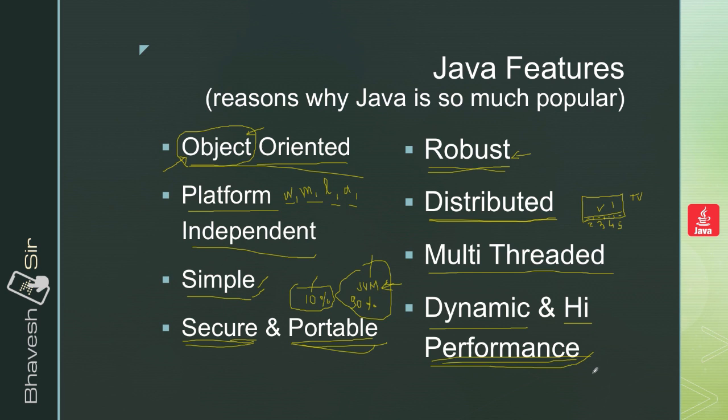So high performance is one of the features of the Java language. And the Java language also provides us a dynamic application. So these are the reasons why Java is so popular today and why we should learn the Java language.